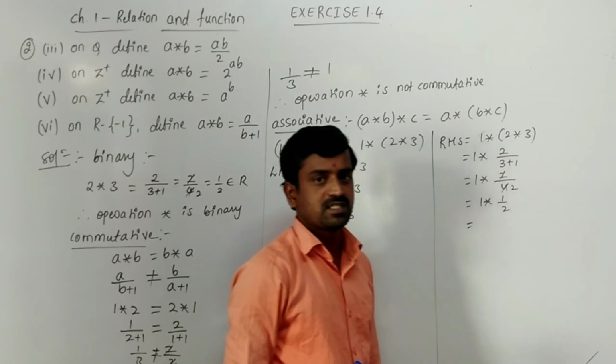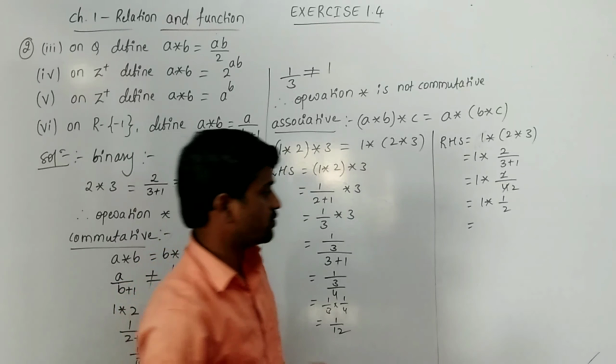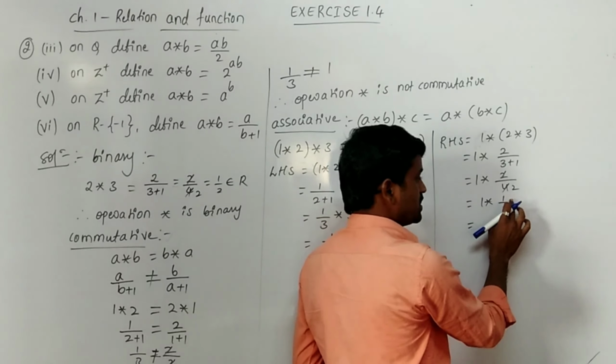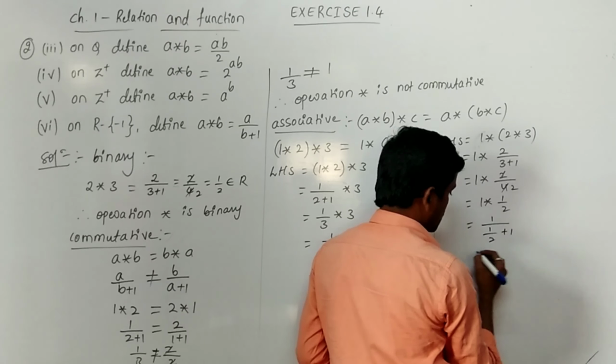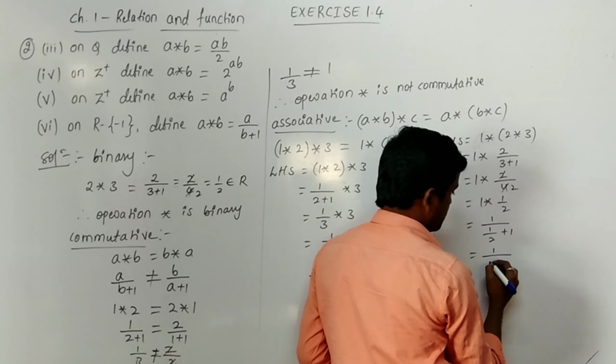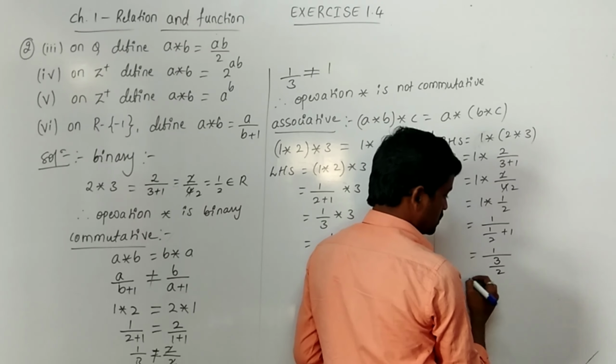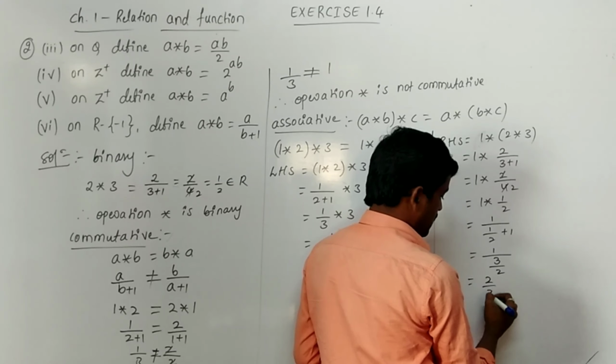A star b is a divided by b plus 1. Here a is 1, b is 1 by 2. 1 divided by 1 by 2 plus 1. It is 1 divided by 3 by 2, which is nothing but 2 by 3.